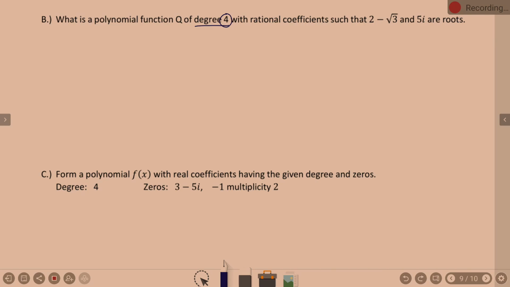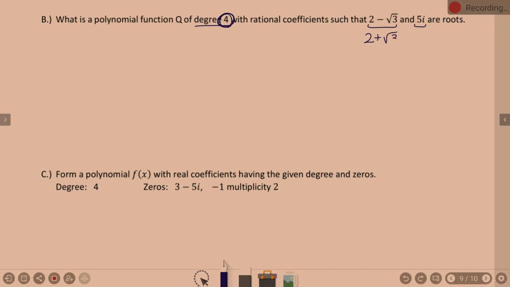2 minus the square root of 3 and 5i are roots. How many roots did they give me? They gave me 2. They gave me 2 minus the square root of 3 and they gave me 5i. How many are there supposed to be? 4. Why didn't they give me 2 more? So you have to assume it. Now, what do we know? If 2 minus the square root of 3 is a root, the conjugate, then 2 plus the square root of 3 is a root.